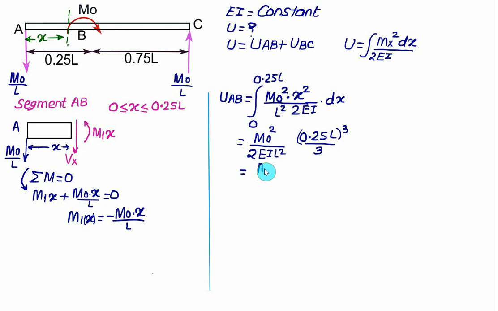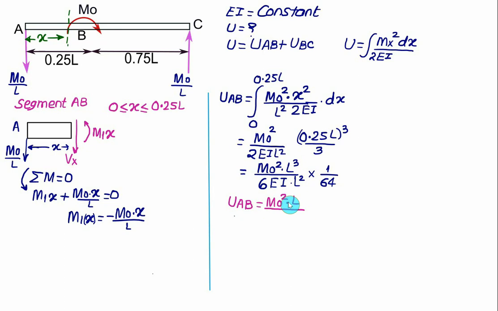So we will get here M0 square into L cube divided by 2 into 3, which is 6 times E into I into L square, and this is 1 by 4. 1 by 4 cube is 1 by 64. That is, the strain energy in the AB portion will be equal to M0 square of it, 1 L is left.